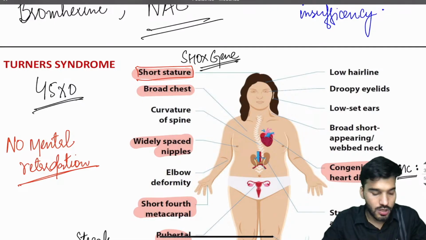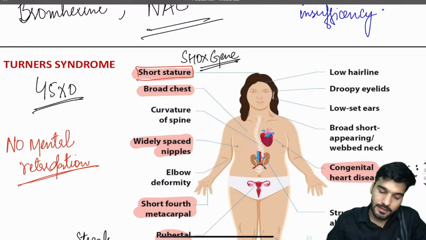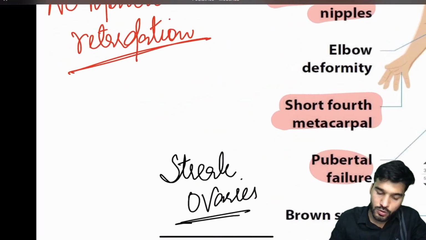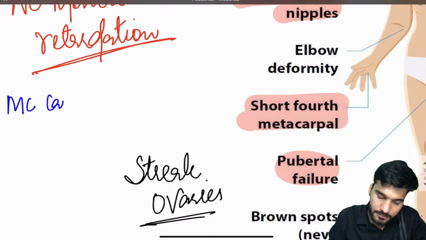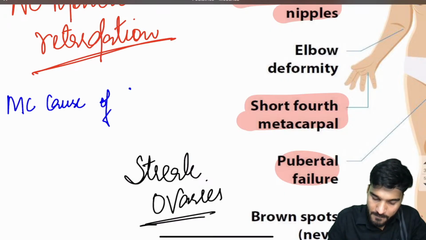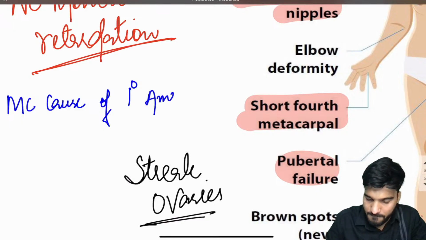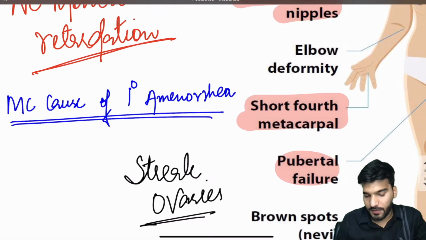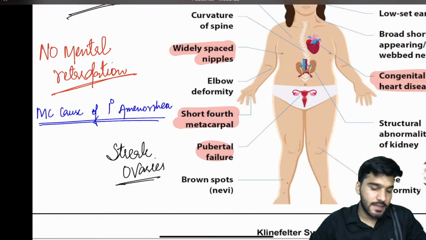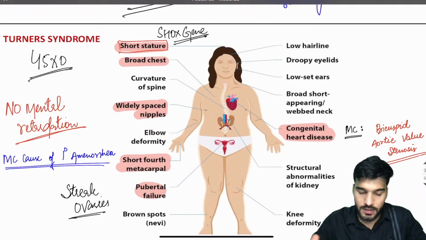And Turner syndrome is also the most common cause of primary amenorrhea. Is that clear to everyone? So it's all about Turner syndrome.